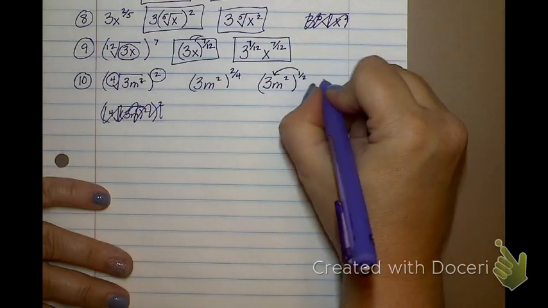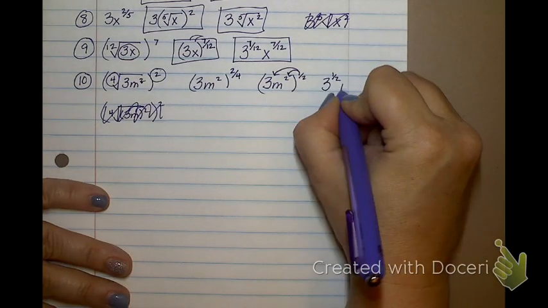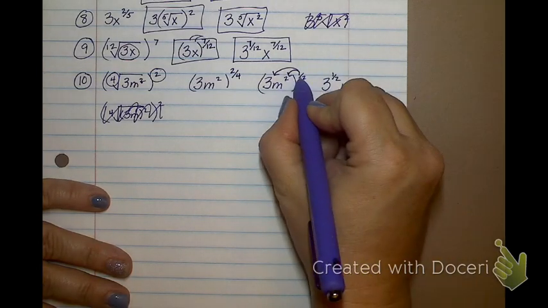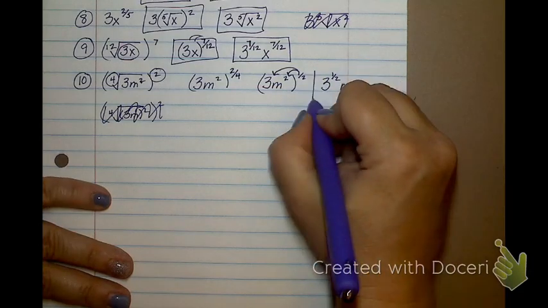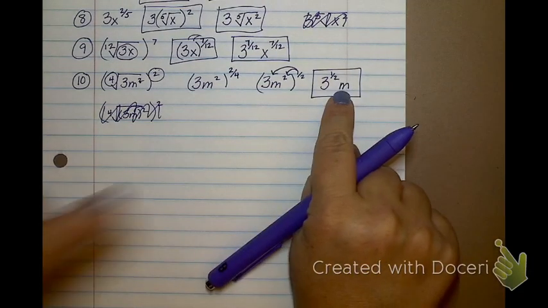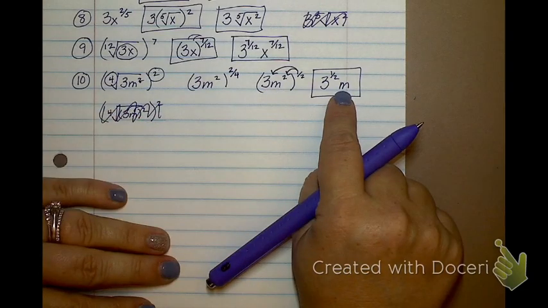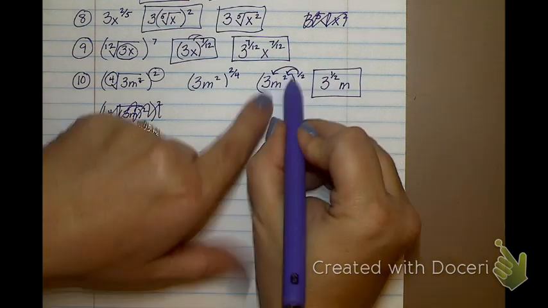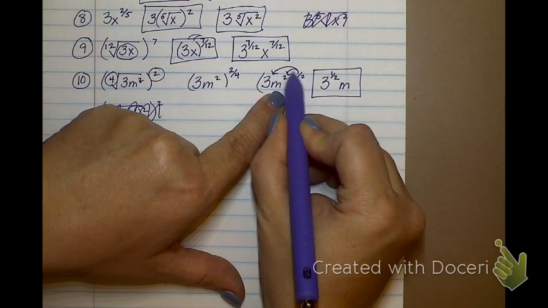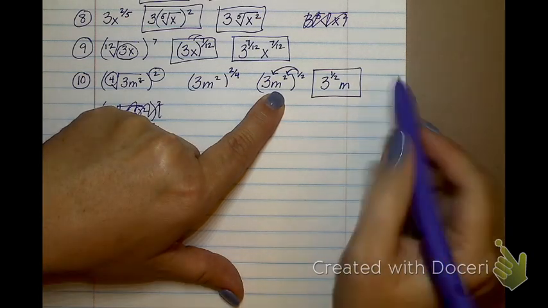Can I simplify anything? I get 3 to the 1/2 and then m to the what? 2 times 1/2? What is 2 times 1/2? 1. So that's actually a more simplified form than this one. I get 3 to the 1/2, and then 2 times 1/2 is 1. And an exponent of 1 we don't write.